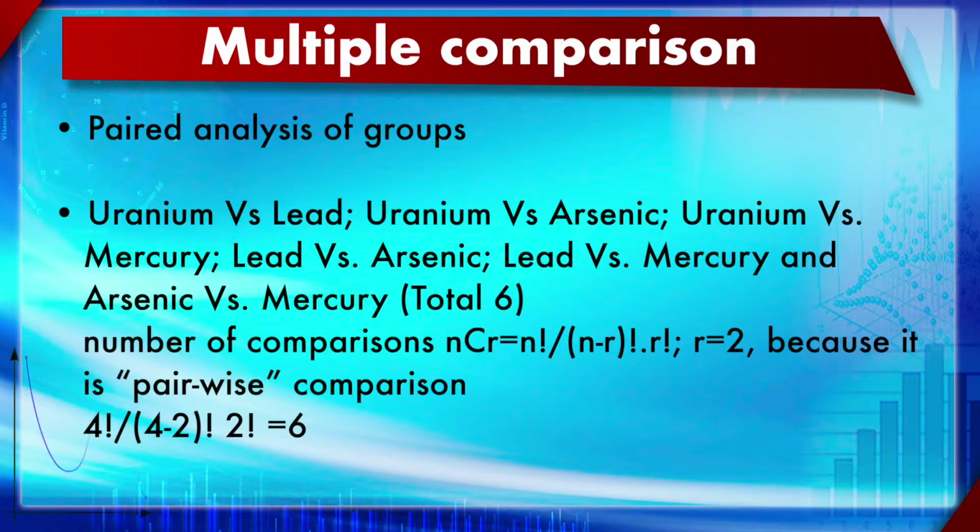Here r is 2 because it's a paired test that we are doing, and n is of course 4. So 4 factorial divided by (4 minus 2) factorial multiplied by 2 factorial is equal to 6. That is why you would need 6 t-tests.